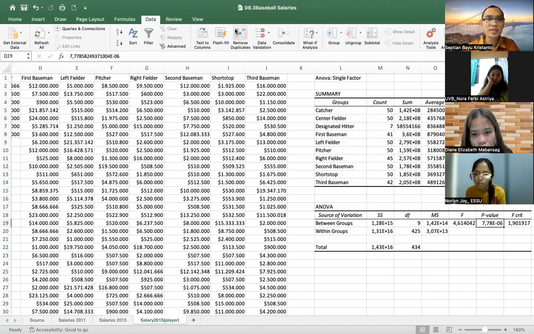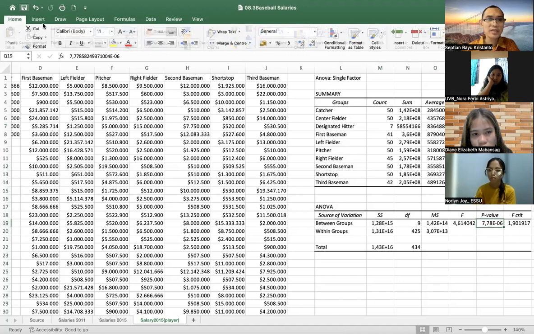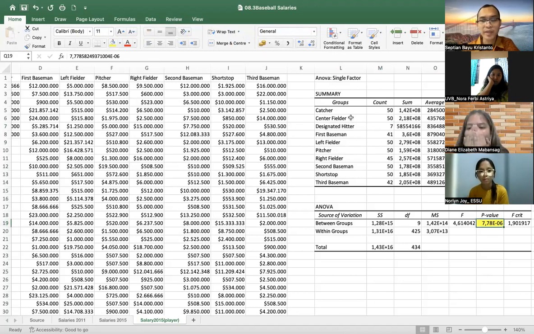So we can estimate or forecast that every position in baseball has a different salary, and the salary is very different in range between positions. This is the starting point when you have lots of data with variates. Any questions about this data 8.3? No questions? Okay.